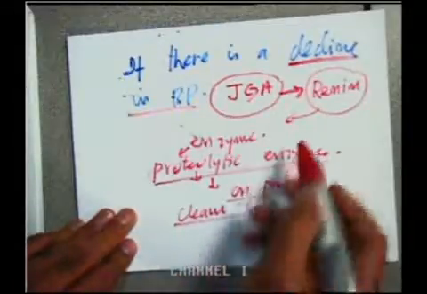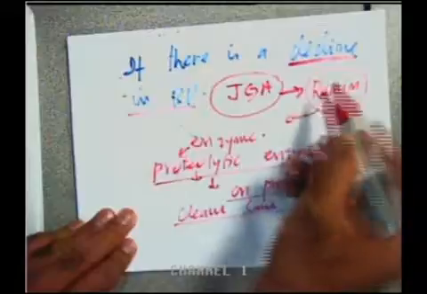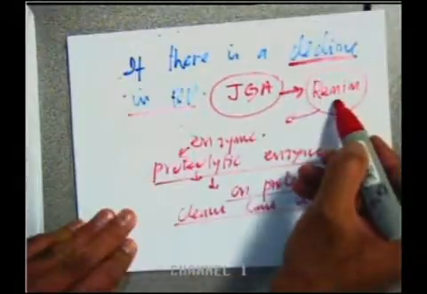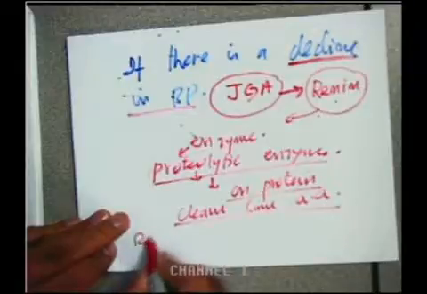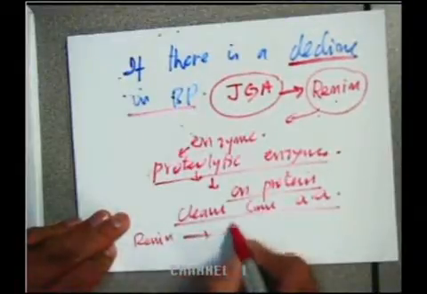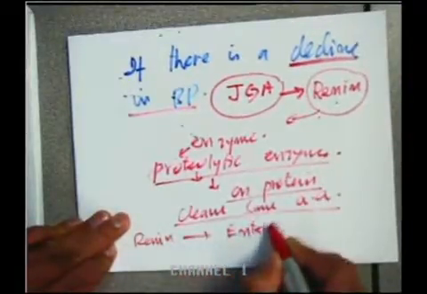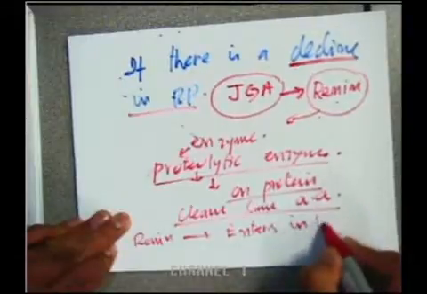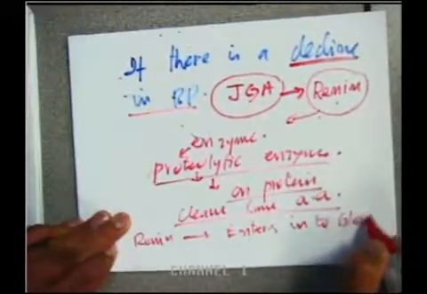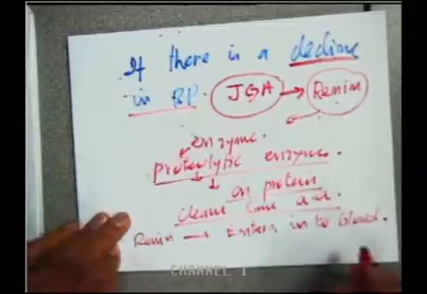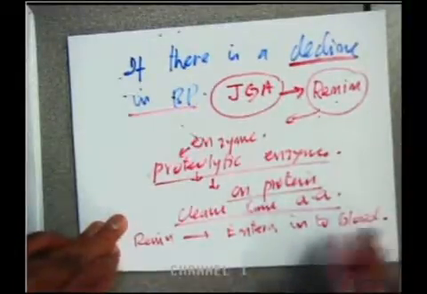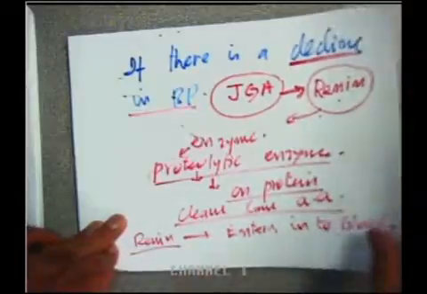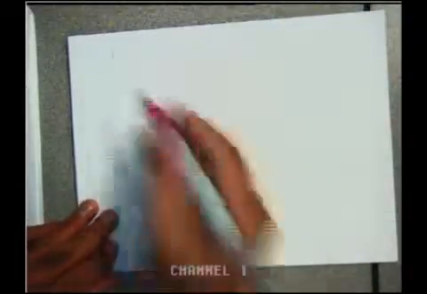So now the JGA releases renin as an enzyme, and the renin enters into the blood. Then it acts on specific targets.